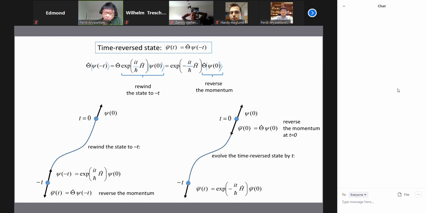This is just obtained by commuting these two operators, the time reversal and this time development operator, keeping in mind that it changes the complex number to its complex conjugate. So if we try to interpret the meaning of this equation, let me draw a picture on the left hand side.